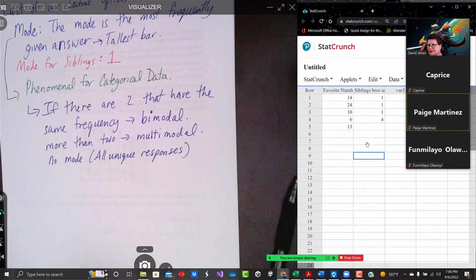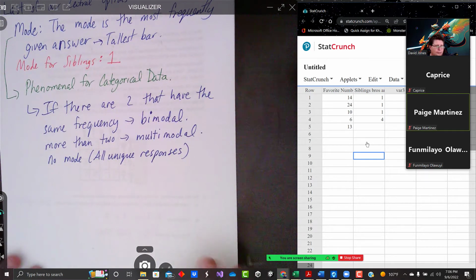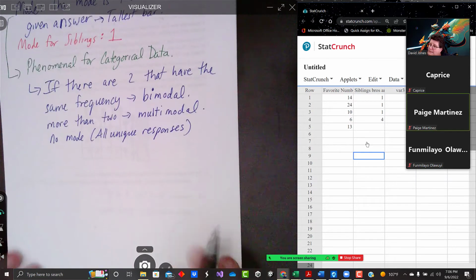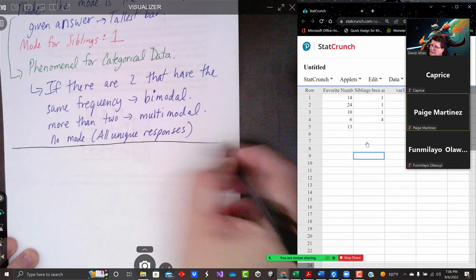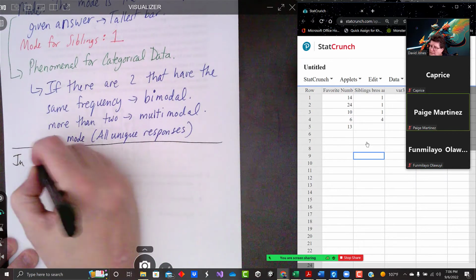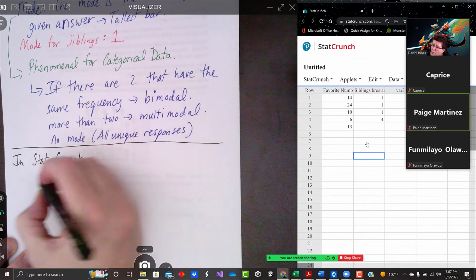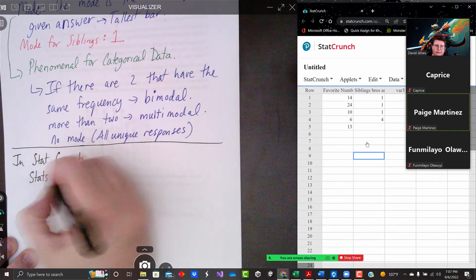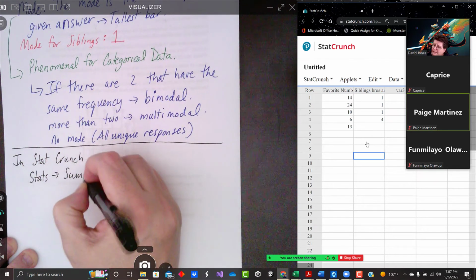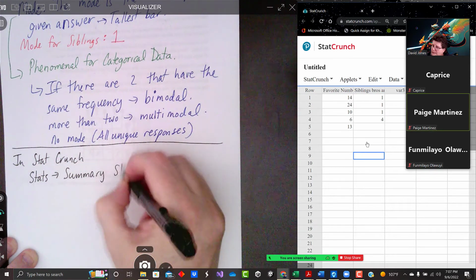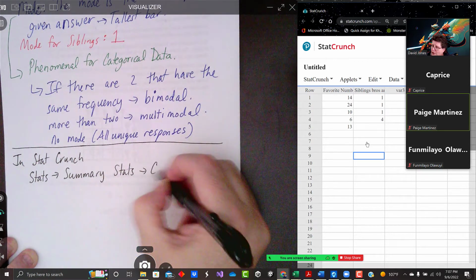Let's show you how to find all this in StatCrunch. And then I'm going to introduce one more topic. In StatCrunch, we can do stats, summary stats, and column.